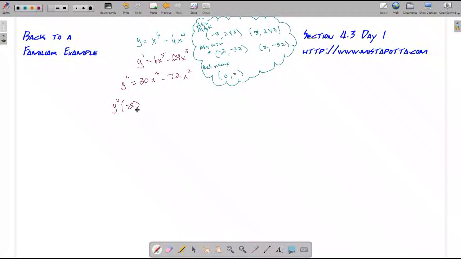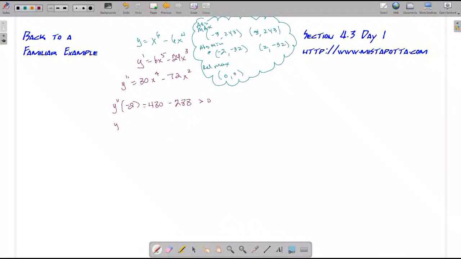And when I do 16 times 30, I get 480. 2 squared is 4, and 4 times 72 is 288. And what I end up with is a number that's positive.